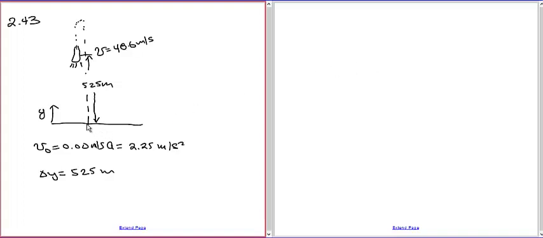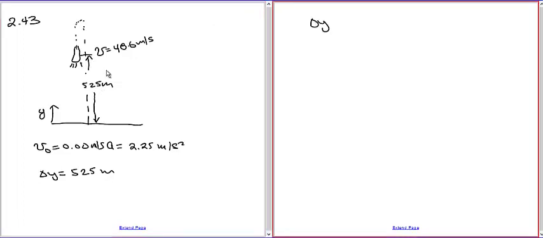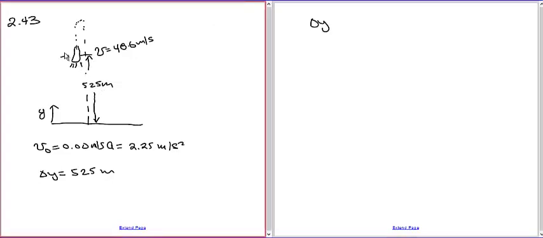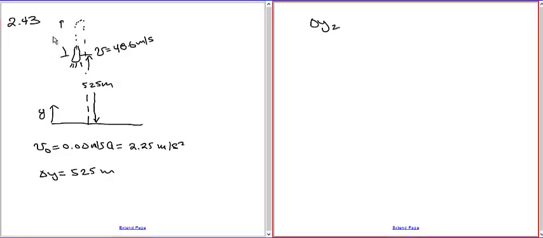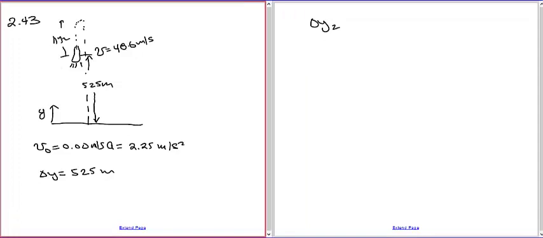So when the rockets kick out, it's already at 525. So what we're going to do is calculate delta y from this point up to the peak. We could call that delta y2 if we wanted to, because these equations give us the displacement, not the position.